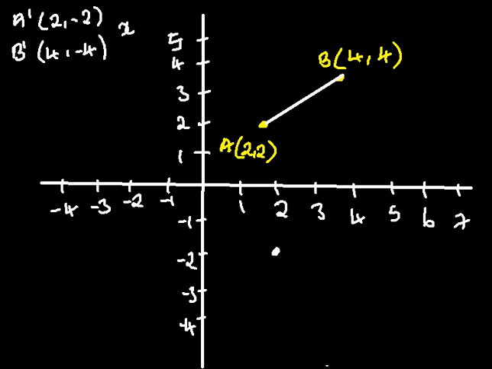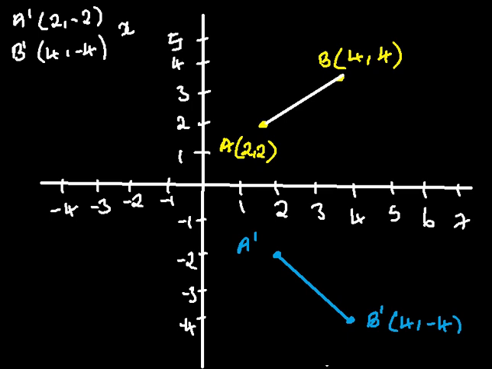It is this point. That is the image of point A. And 4, negative 4, we have that point as this. That is the image of point B. So the image of the line AB is given as that. That is the reflection along the x-axis.